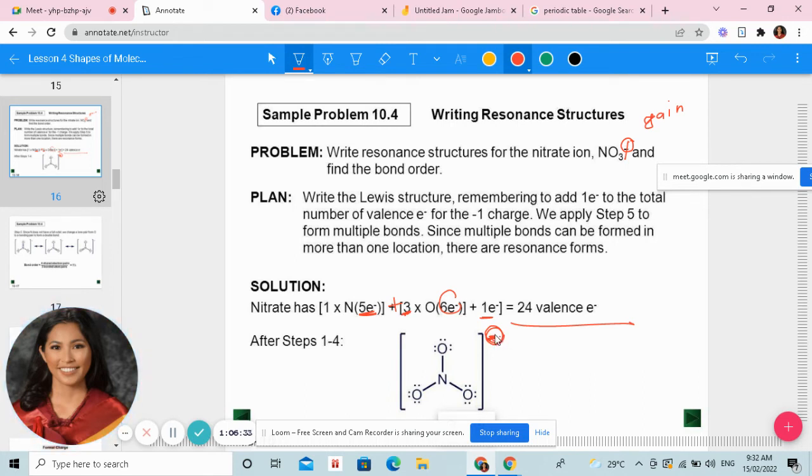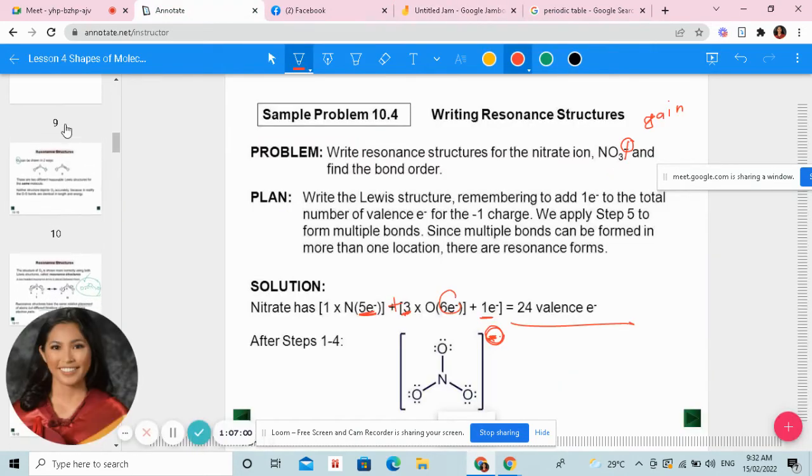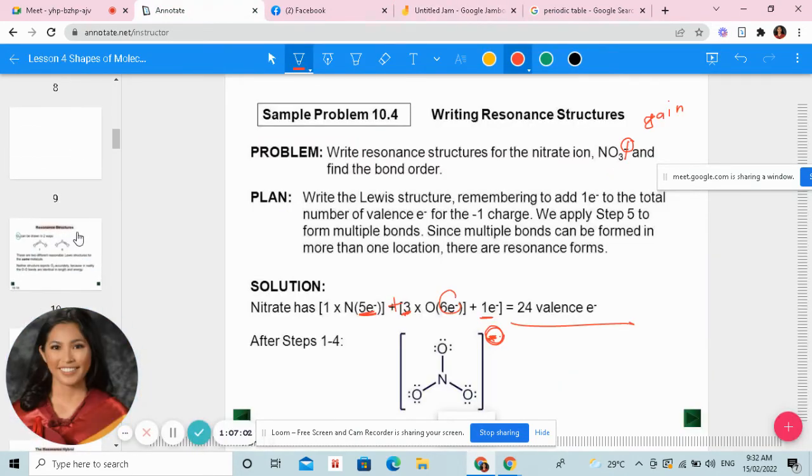Again, negative 1 came from the total formal charges of each atom. That's how we calculate formal charge.